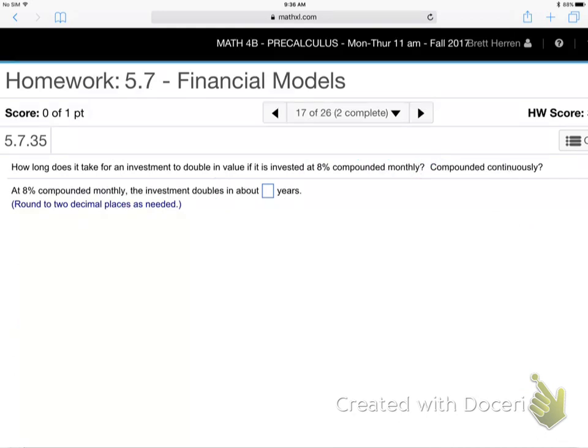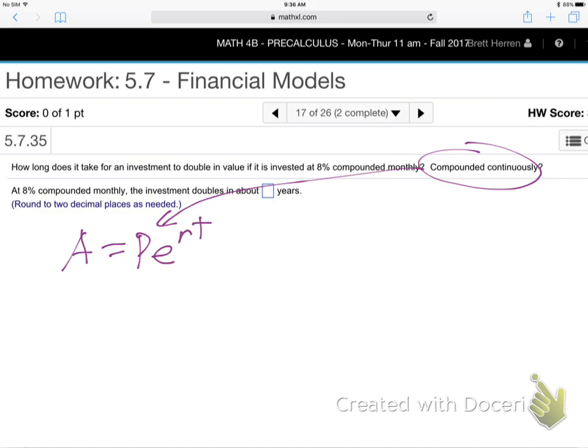All right. Okay, let's do the continuous. So what are we going to do for the continuous? I'll do it quick. It's the same thing. It's just the other formula, huh? Which is actually, I think, a little easier. The PERT formula, because it's continuous. So the second part is they want you to do the same thing with the other formula, the PERT formula. And then the amount, again, is 2p. Same thing, because double. And the rate is 8%.